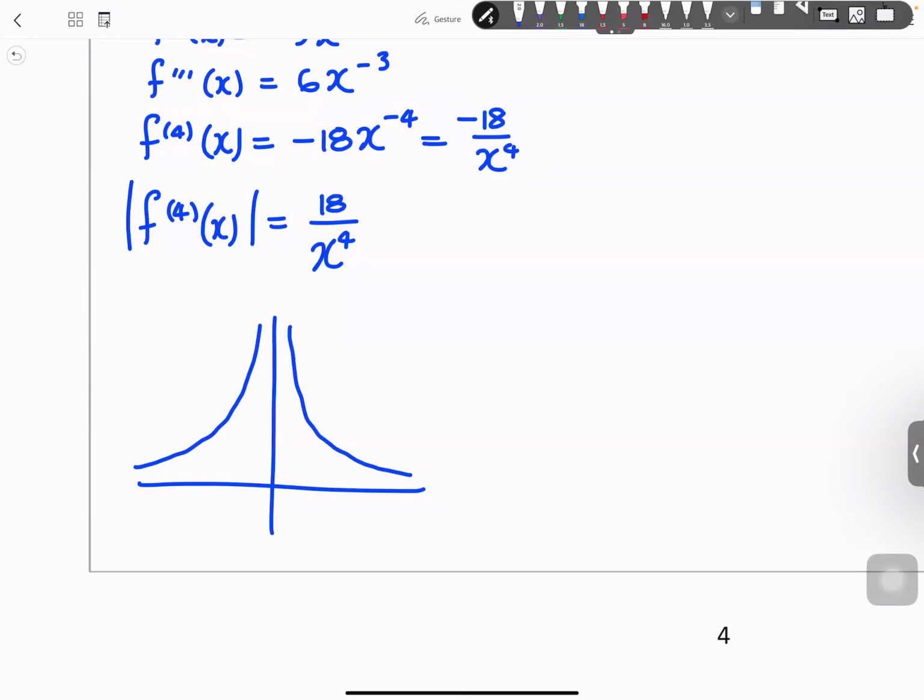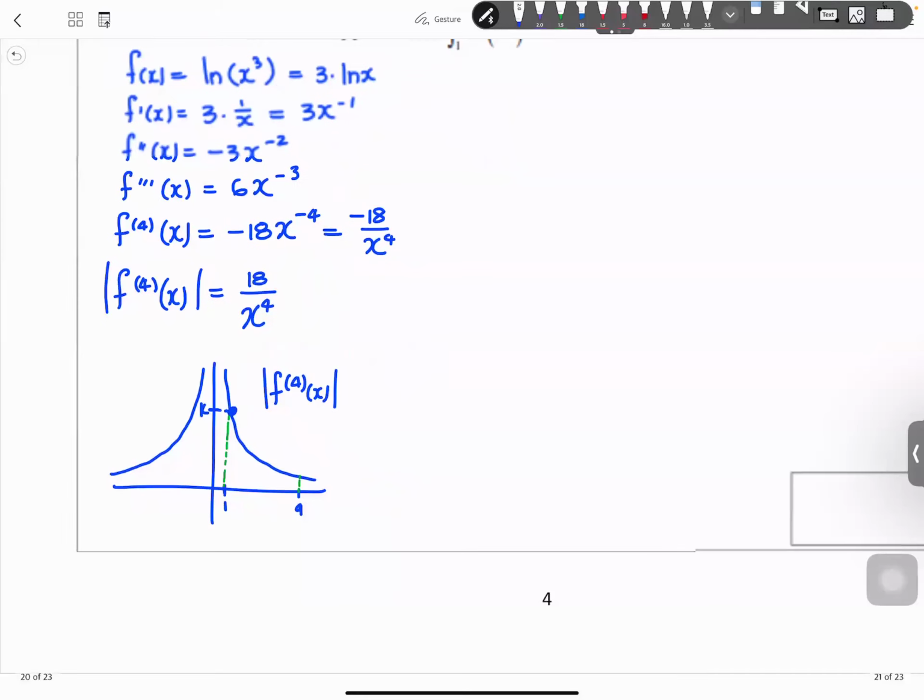And mind you, this is the graph of the absolute value. So on the interval from 1 to 9, we really only care about this interval right here. Where does this function reach its maximum value? At 1. And what is that maximum value? That's what I'm looking for. That is my k value.